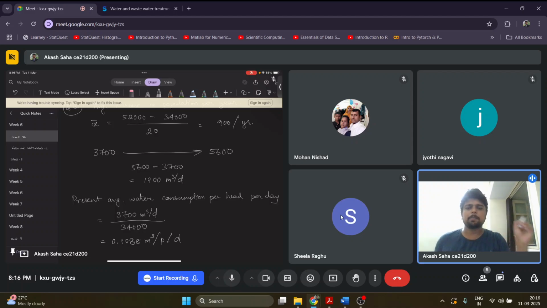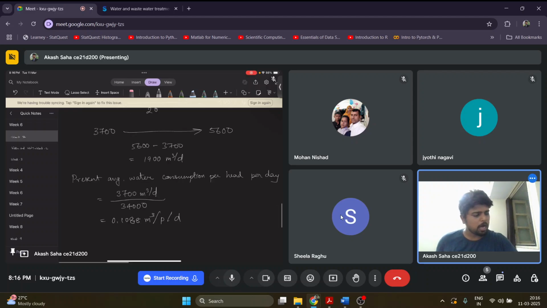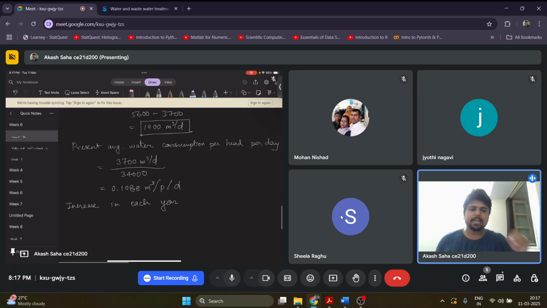So per person per day, this much they are using. And how much can it increase? It can increase by 1900. So what will be my increase in each year? In each year we are increasing the population by 900 and per person it is 0.1088, so it will be 0.1088 into 900. So this much meter cube per day can increase in 1 year.